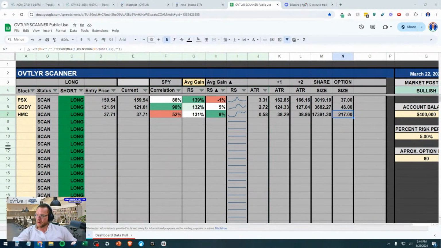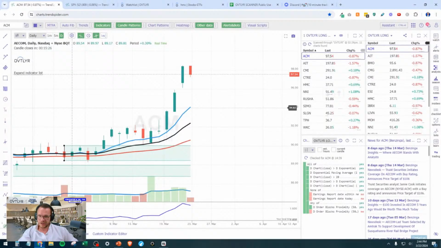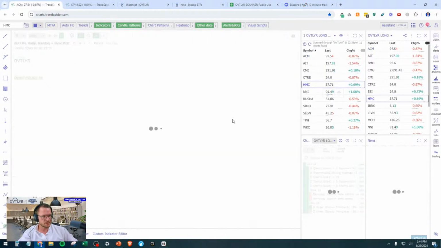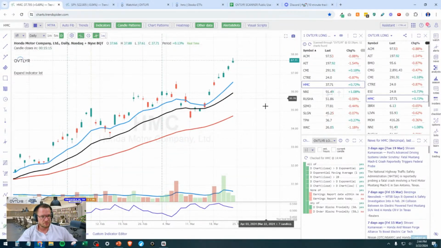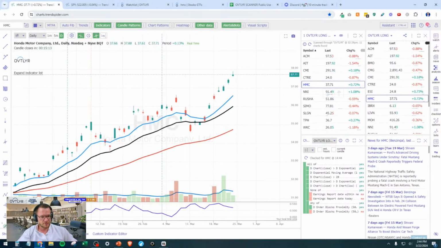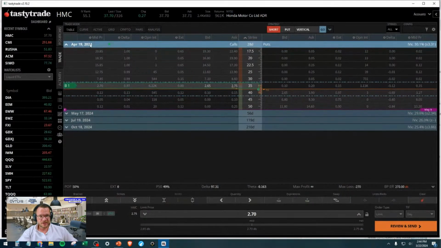Give me 1 second here. HMC is currently trading at what? 37.71. Take a look at their chart. Just curious. Yeah. Moon. Let's go. HMC, April 19th, 35 calls.